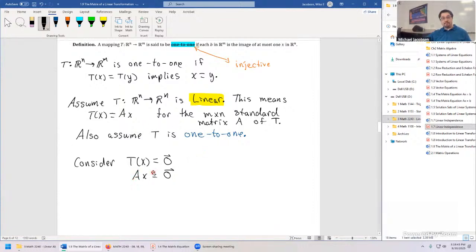We're considering A times x equals a zero vector. And we know that this equation has the trivial solution, x set to the zero vector. It's a homogeneous equation, so it automatically has that trivial solution.